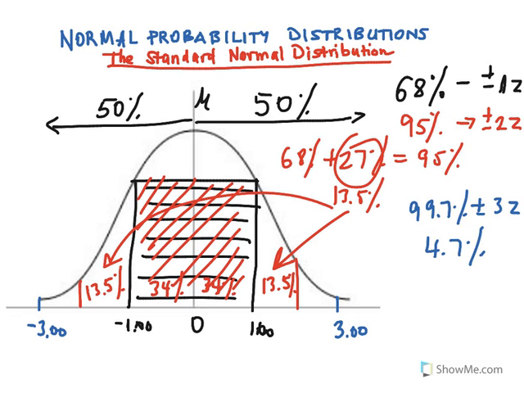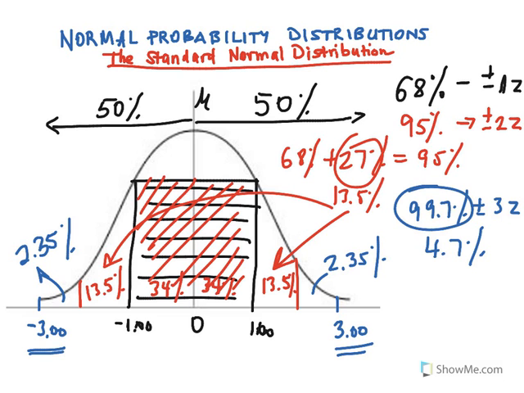Divided by 2, we will have 2.35% on this side and 2.35% on this other side. So in this case, we drew the standard normal distribution in this bell-shaped curve. Remember, almost all the area is between a z-score of minus 3 and plus 3, and 99.7% is almost all.